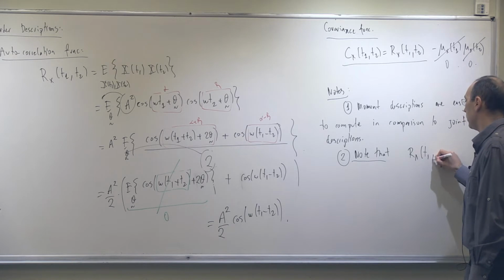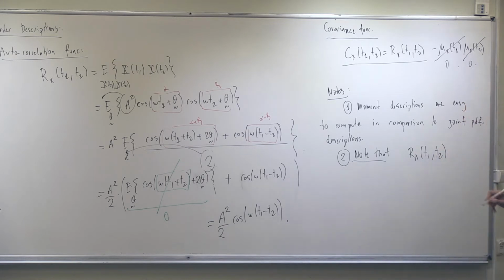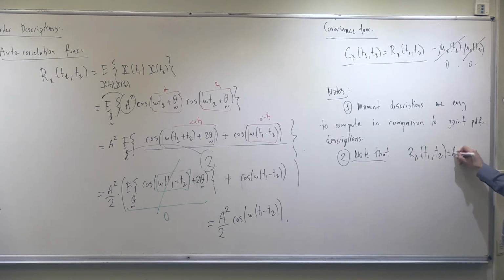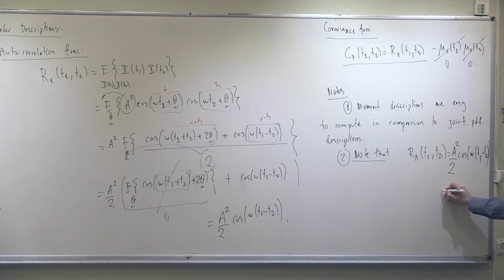Okay. Number 2, well, note that Rx, it's a little interesting, T1, T2 is equal to, let me write it over here, cosine T1 minus T2. So it's a little interesting. So this is a function of T1 minus T2.